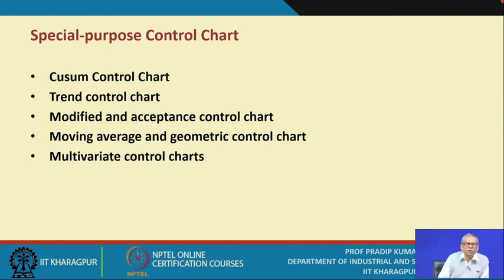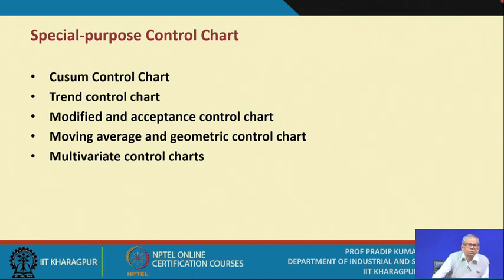Like the Q-sum control chart. Q-sum stands for cumulative summation control chart. Second one is the trend control chart, or sometimes referred to as the regression control chart. Then we have a class of control charts known as the modified control chart along with the acceptance control charts. Why have I written them together? Because if you use the modified control chart, obviously you have to use acceptance control charts.